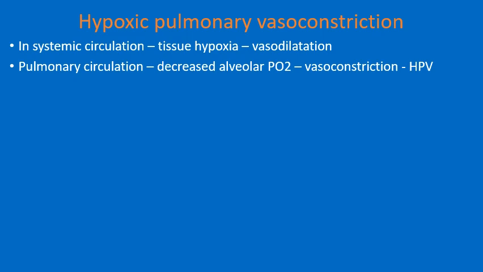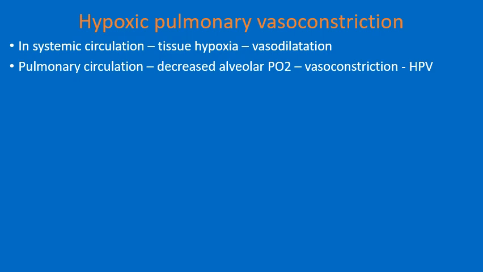In pulmonary circulation, whenever there is hypoventilation or decreased alveolar PO2, vasoconstriction occurs. This is called hypoxic pulmonary vasoconstriction, and it is a protective phenomenon, so that blood is diverted to better ventilated lungs and there is an increase in oxygenation and also ventilation.